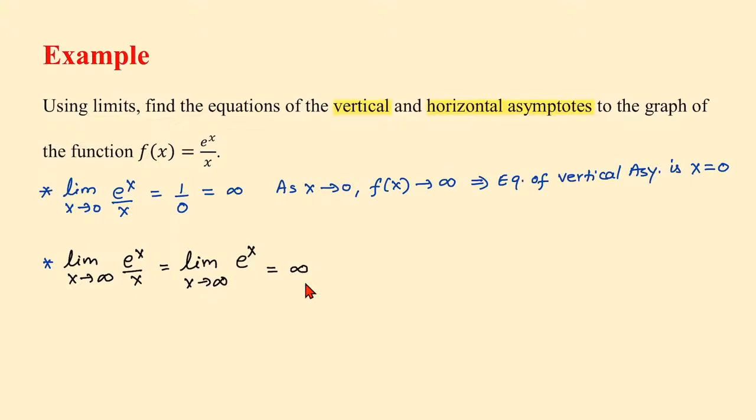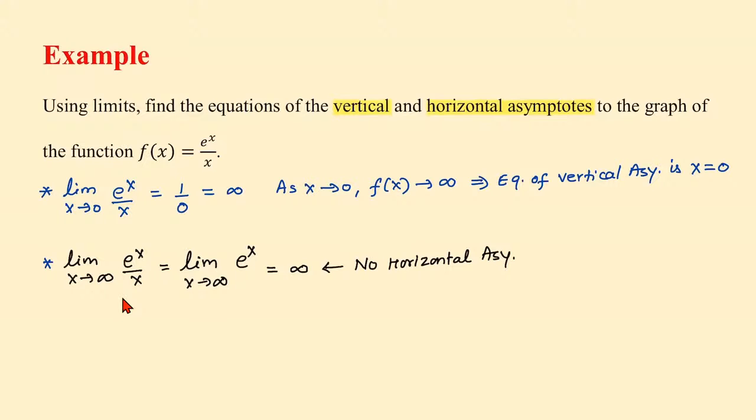So when x approaches infinity, the limit is also infinity. If this value is finite, we'll have the horizontal asymptote. But in this case, there is no horizontal asymptote. So that is the case when x approaches positive infinity.